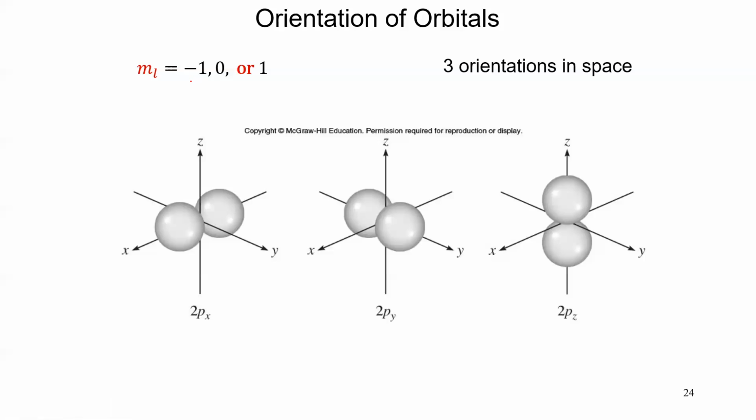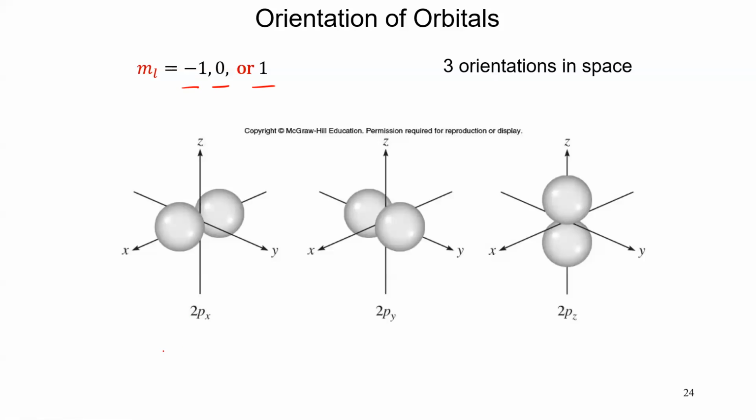And so for m sub l, we have 3 possible values, -1, 0, +1. So we have 3 different p orbitals. Each of those p orbitals takes on a different orientation in space, right? It doesn't really matter which m sub l value you assign to x, y, or z, there's no real difference in those.